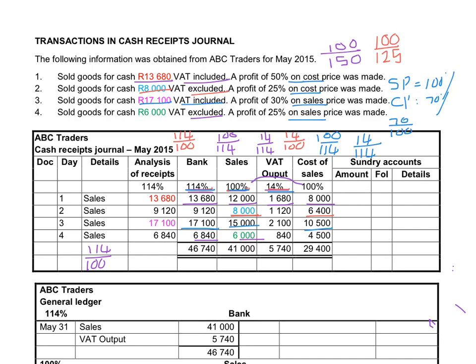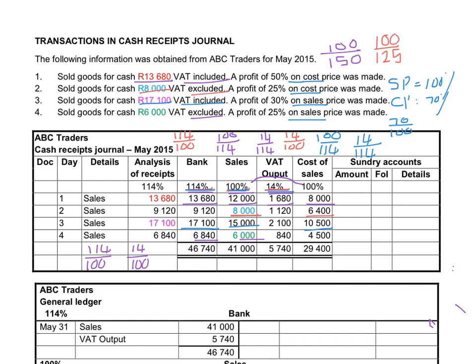If I want the VAT, the one that I want, 14, divided by the one that was given, 100, times 6,000 will give me 840 Rand.